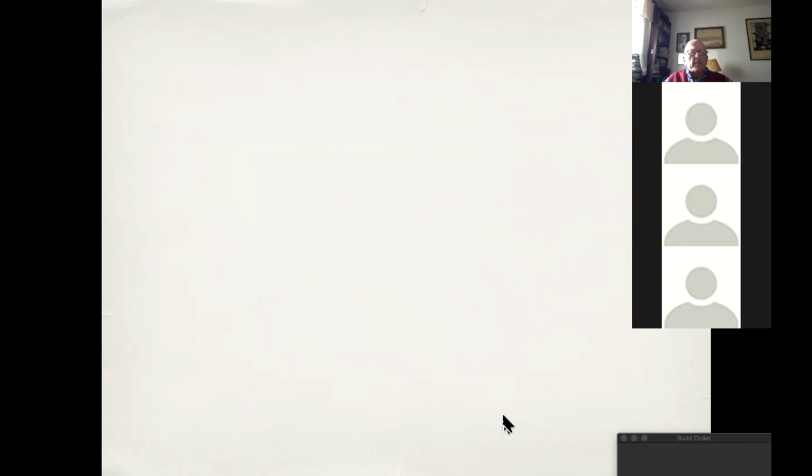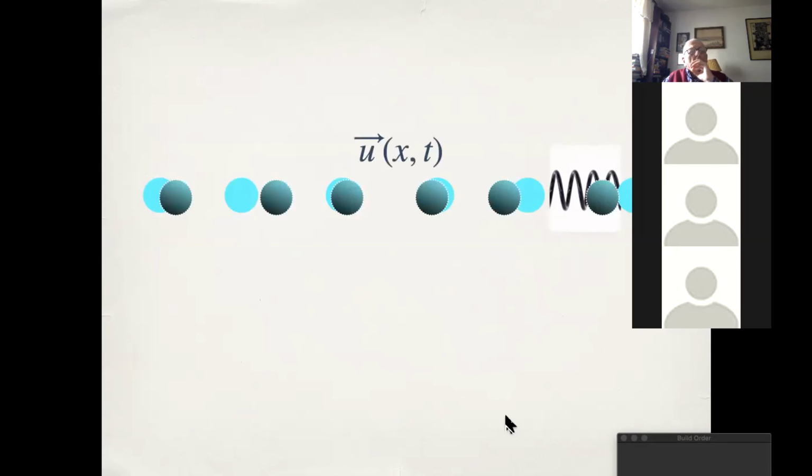All right, so let's look at the situation again. We have our green points connected with the springs, and we apply a force and we displace, but we can displace those particles not only by applying a force such that the displacement is identical.